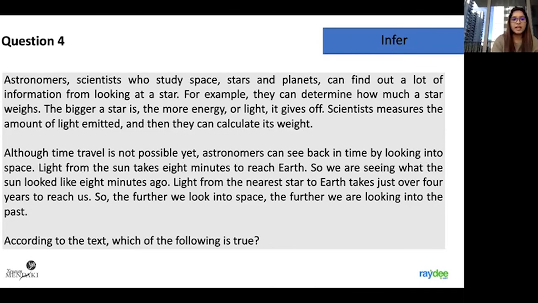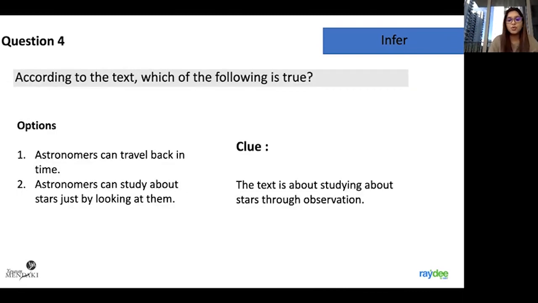Okay, so following that, question 4 is also the same extract, but we have to focus on the question. According to the text, which of the following is true? Now, for these kinds of questions, you must help the students to look at the text where it says about studying stars through observation, right?